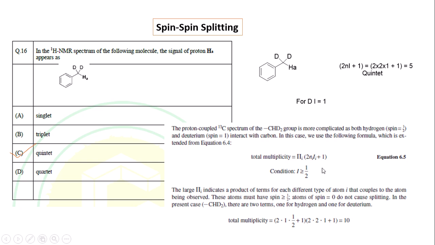Deuterium has spin number I equal to 1, and the number of deuterium atoms is 2, so it becomes 2 into 2 into 1 plus 1. In the case of hydrogen, only one hydrogen atom is present with spin number half, and multiplying these, we get the total number of splittings equal to 10.